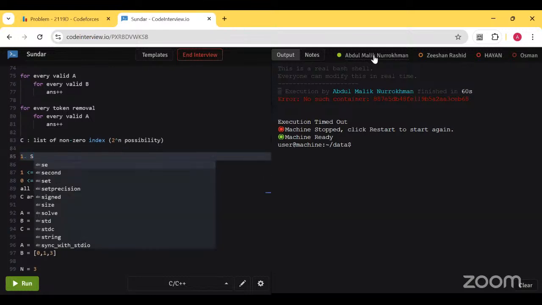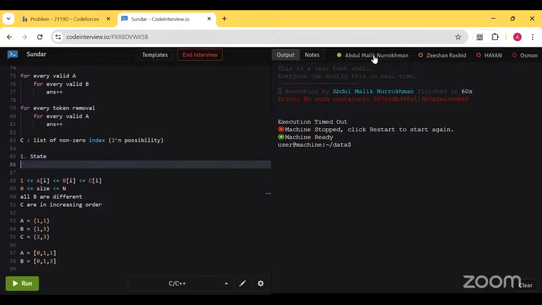Okay. So let's think about what the state is. For example, what is dp_{i,j}?